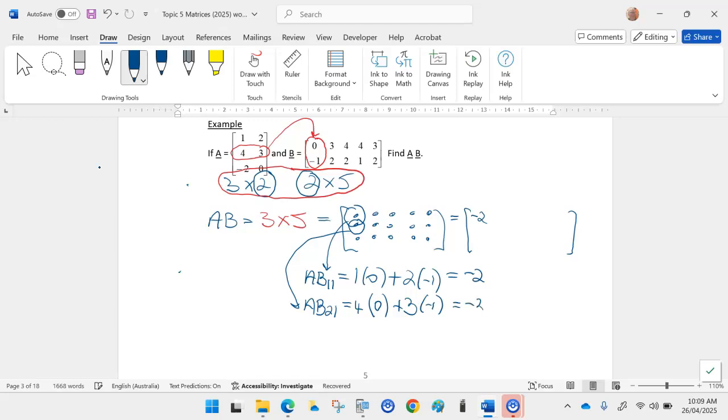That gives me -3. That -3 represents the element found in the second row, first column of the product. Second row, first column, -3. And we just keep on trucking, doing exactly the same thing that we just did.